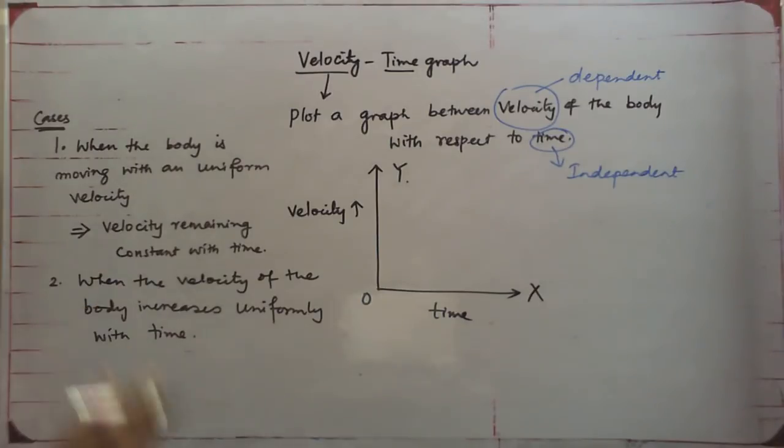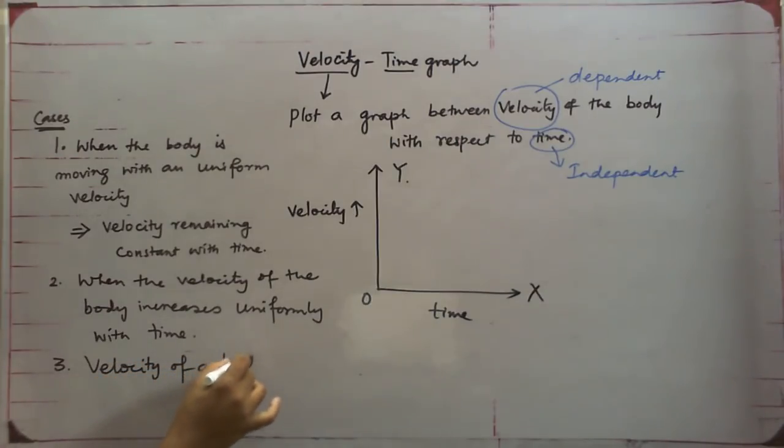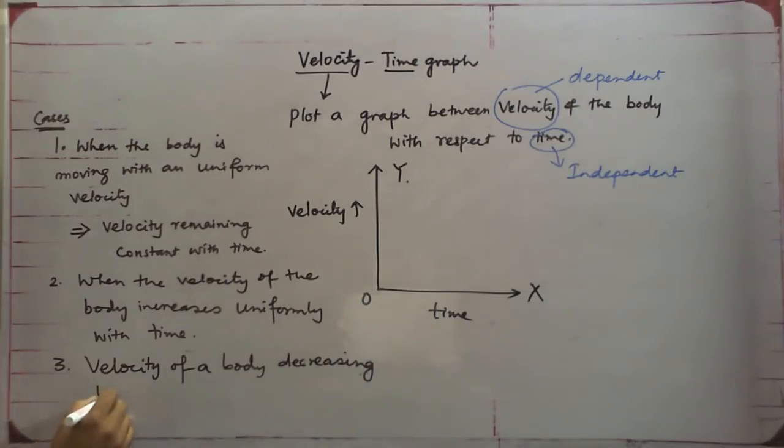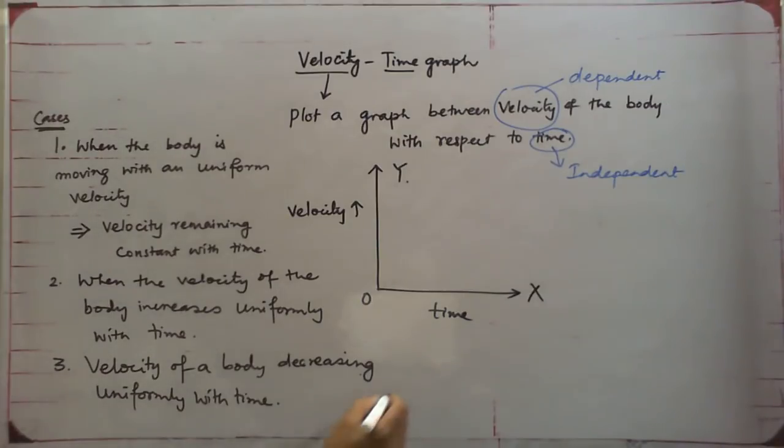We have discussed the examples earlier also. We will be again discussing some of the examples to draw the graphs. The third case would be velocity of a body decreasing uniformly with time. And a fourth condition is also there here.